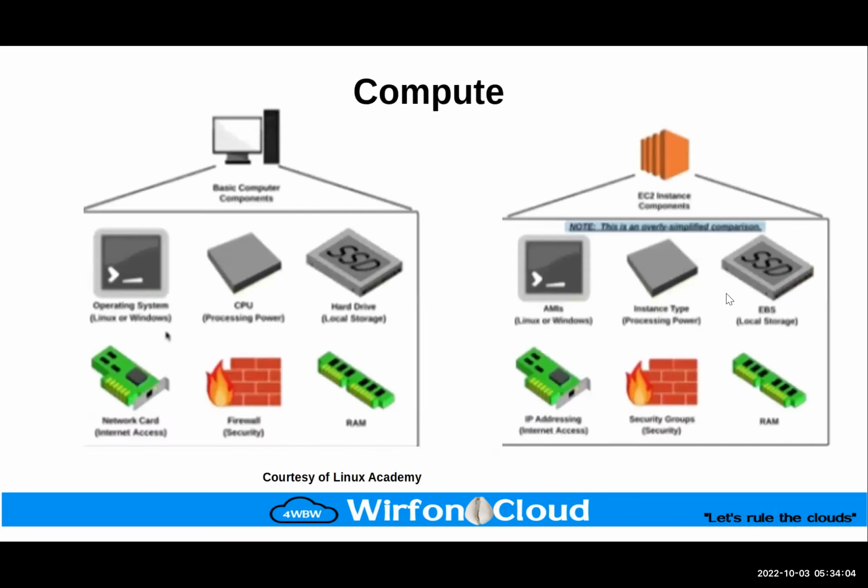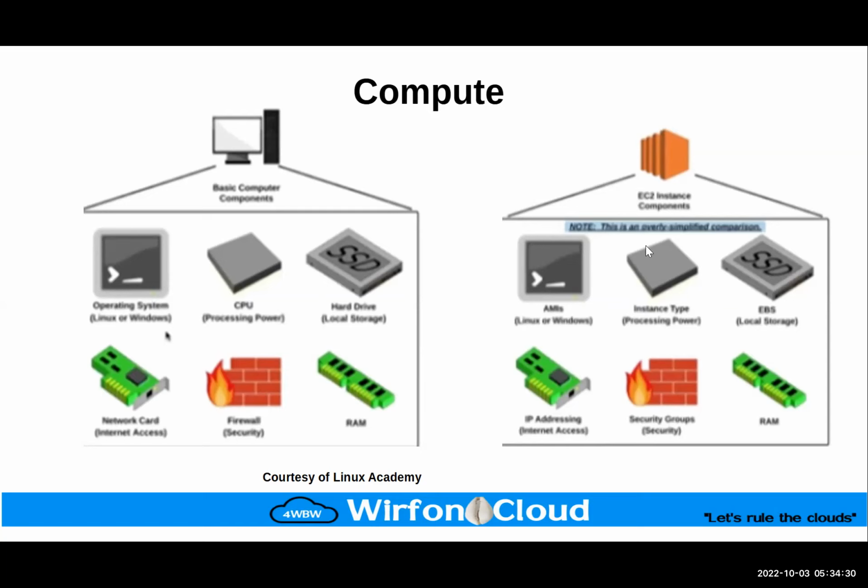Essentially, if you compare your basic computer and Amazon EC2 in terms of the components, on your left, this is a basic computer. A basic computer has an operating system. It could be Linux or Windows. It has processing power, which you call a CPU.